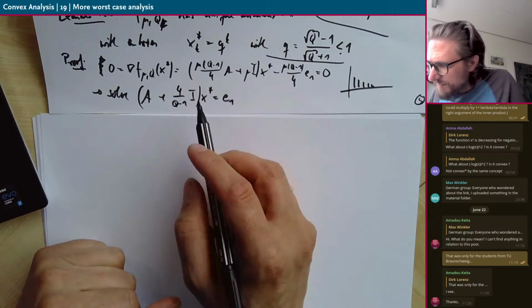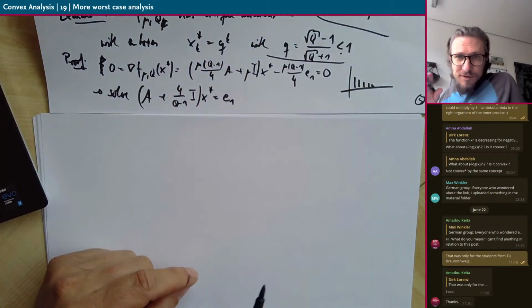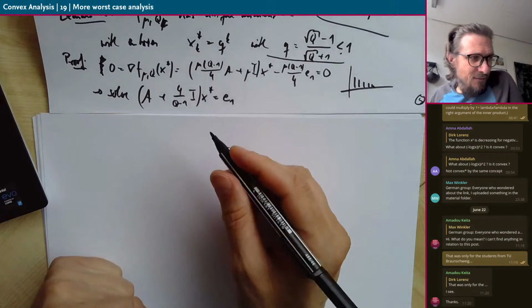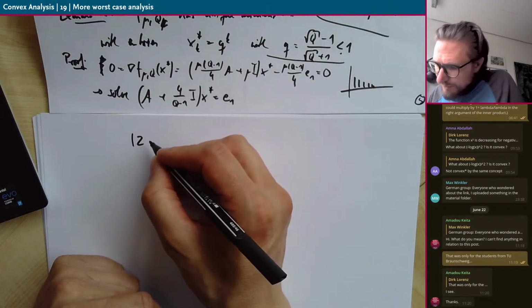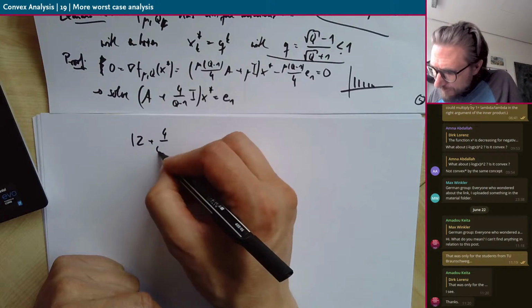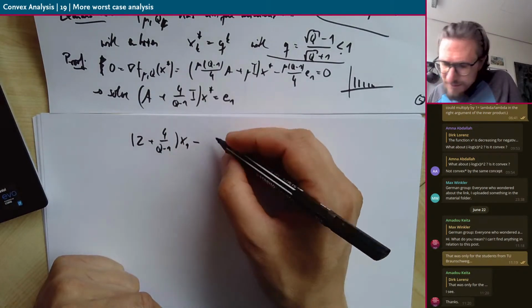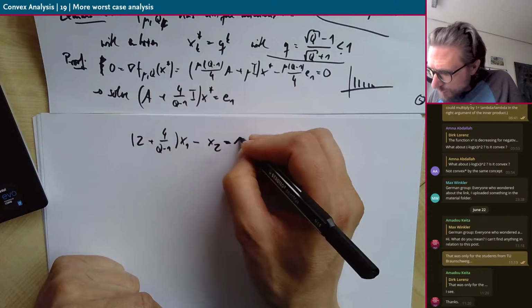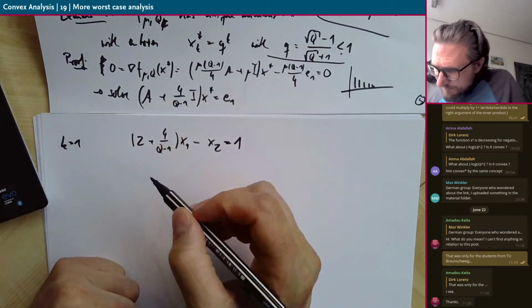If you look at A, the matrix with the 2's and the minus 1's, the first equation is 2 plus 4 over q minus 1 times x1 minus x2 equals 1. This is k equals 1.